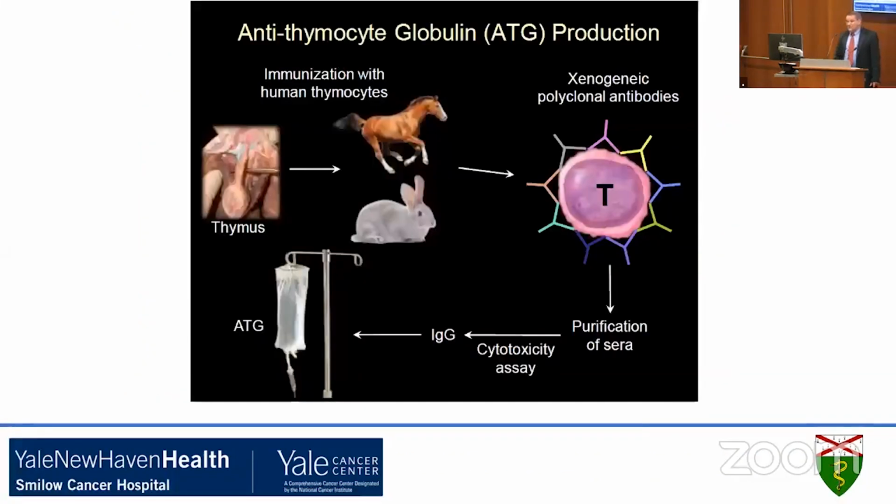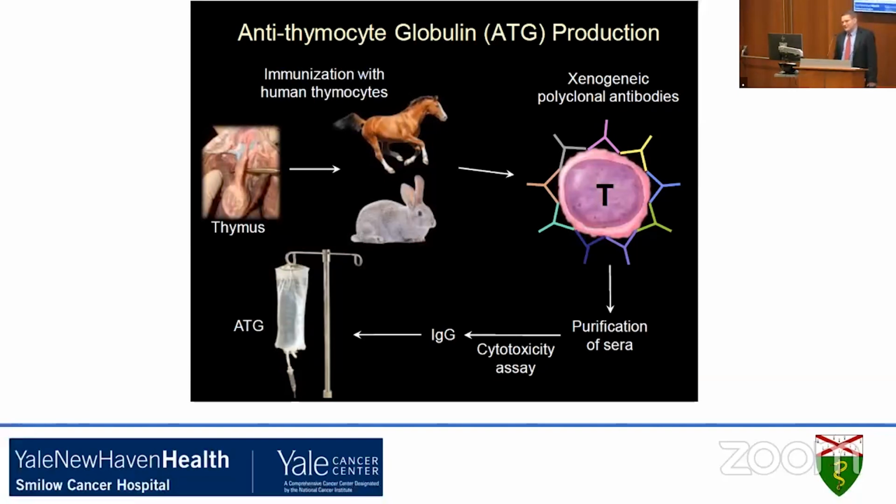A little bit about horse ATG, which is ATG in general. It's not just horse. It can be from horse or rabbit. The cadaveric human thymus is used to immunize these animals against T cells, which undergo modification in the thymus. The thymus is very rich in T cells.